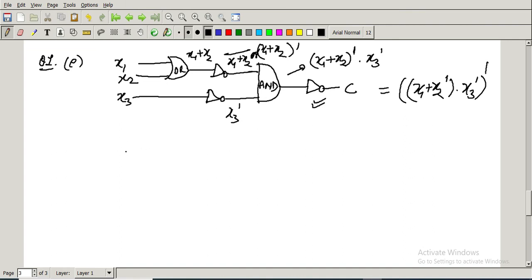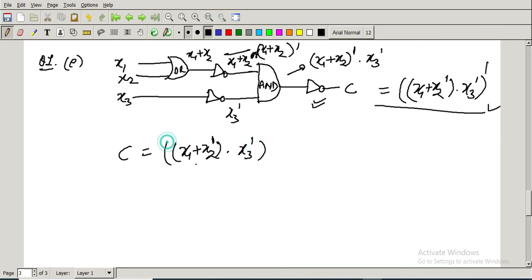Let me further explain for you. This is your De Morgan law, so you have to apply De Morgan's law. I'm writing it again here: (x1 plus x2) complement, then dot, this is x3 complement, and this is your complement.